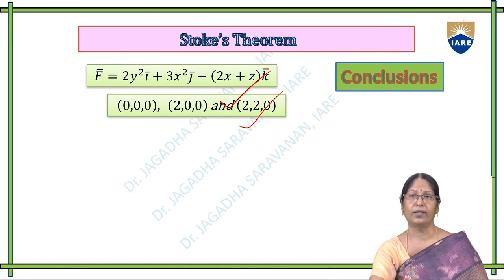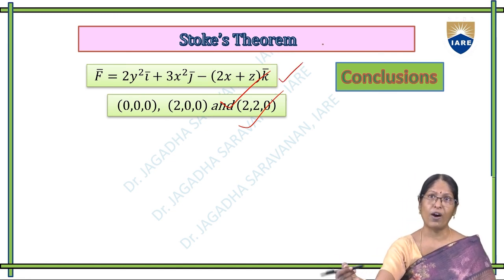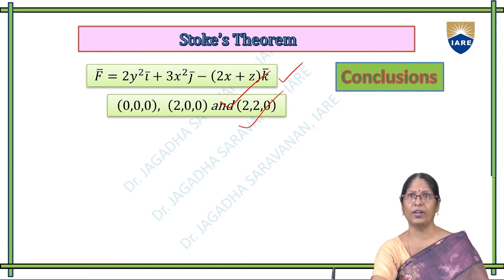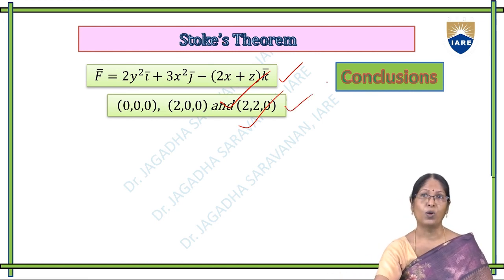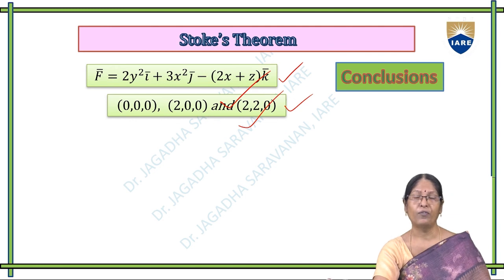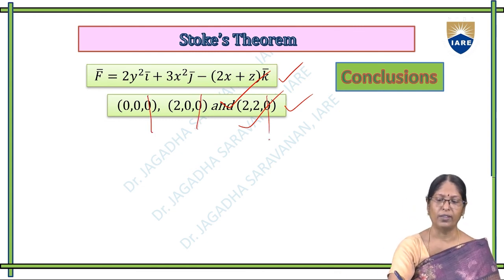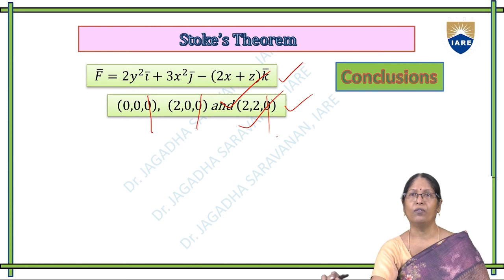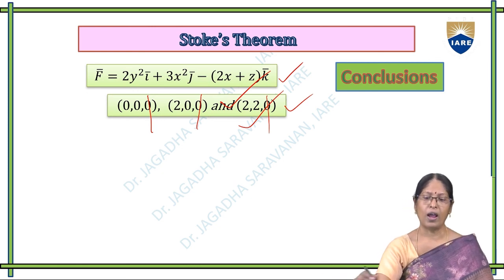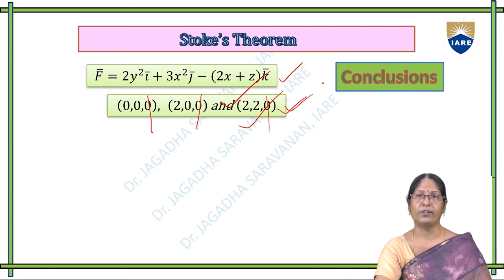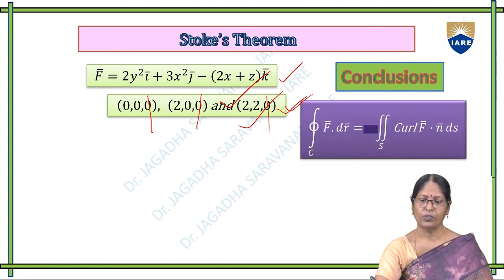The function is in 3 dimensions, but from the coordinates given we understood it is only in the xy plane, because the z value given is 0. Here there is only one equal sign, it is a typing mistake.